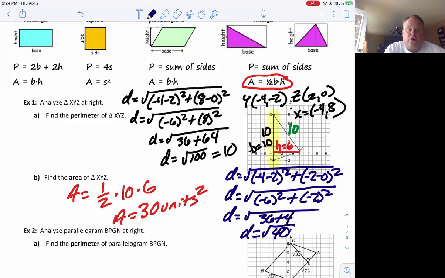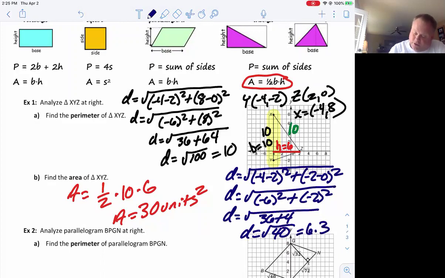Now, does it tell us in here? It doesn't, so let's go ahead and do decimals, okay? So let's find it to the nearest 10th. If I put the square root of 40 into my calculator, I get 6.32, so 6.3.